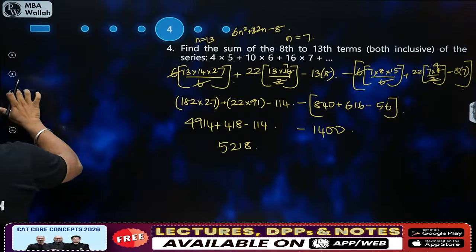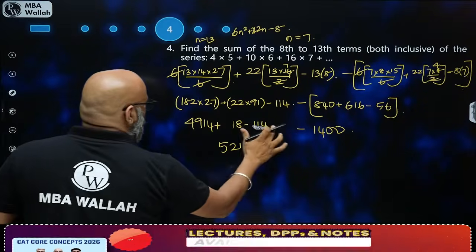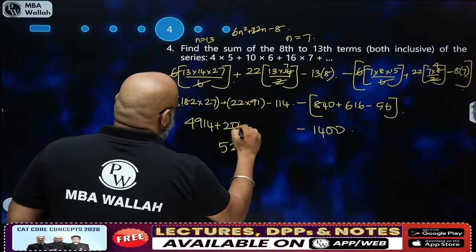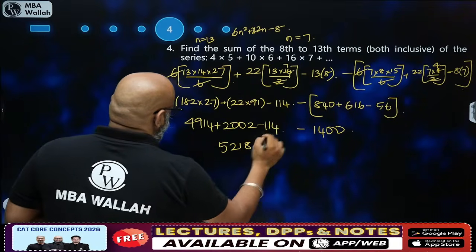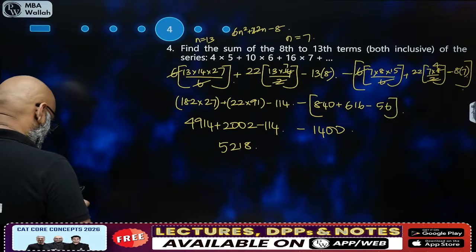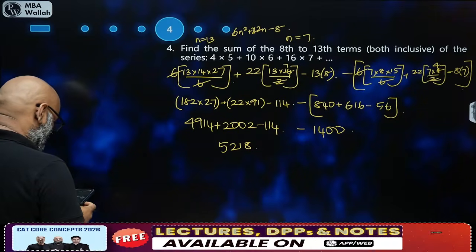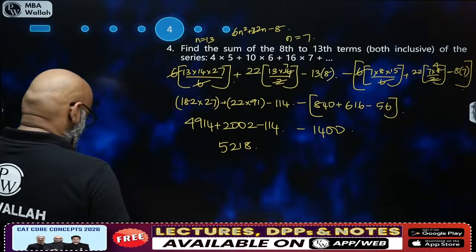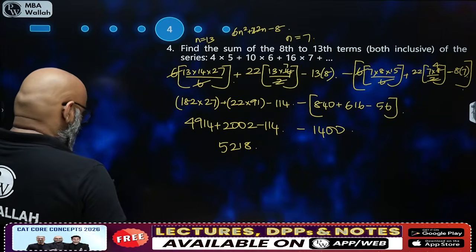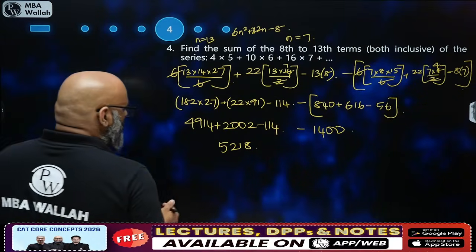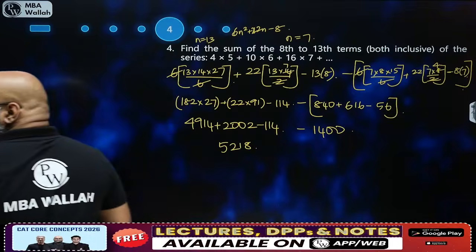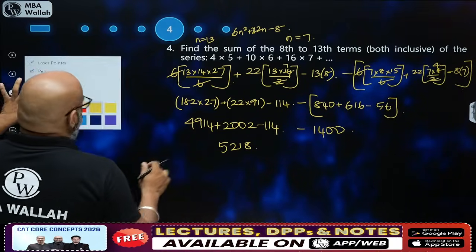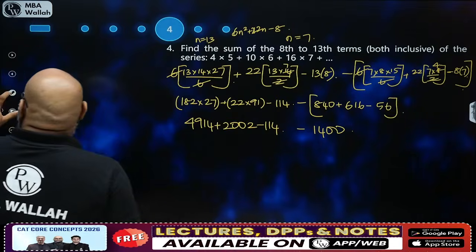My bad. 2002 minus 114. So 4914 plus 2002 minus 114 is 6082? Is this 6082? Just a second.